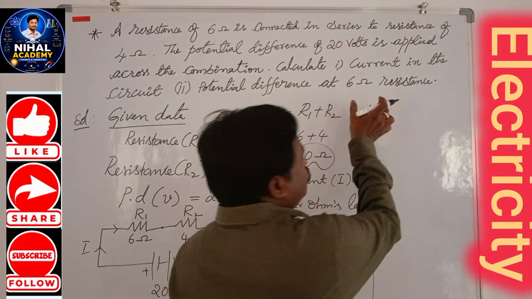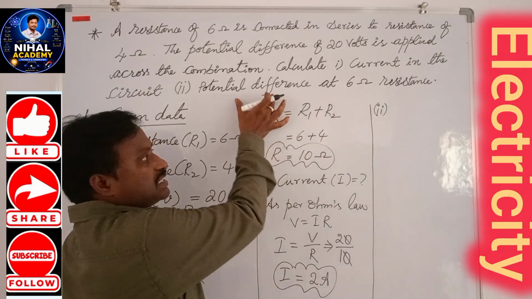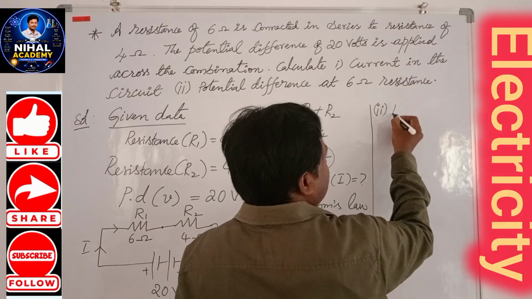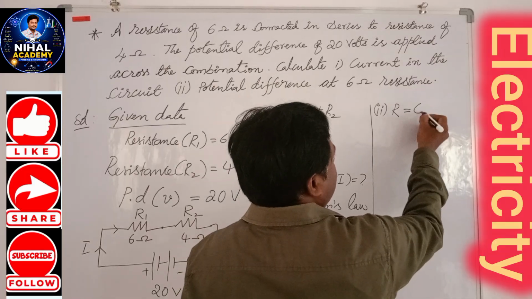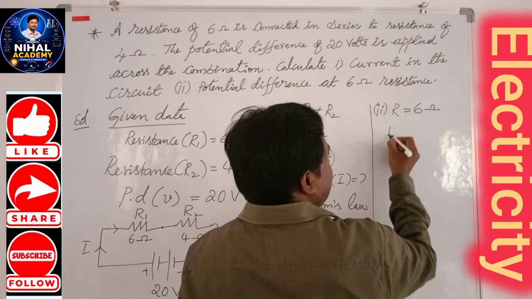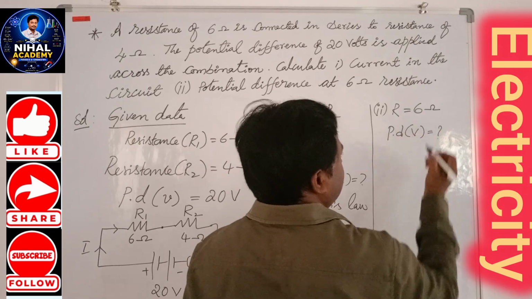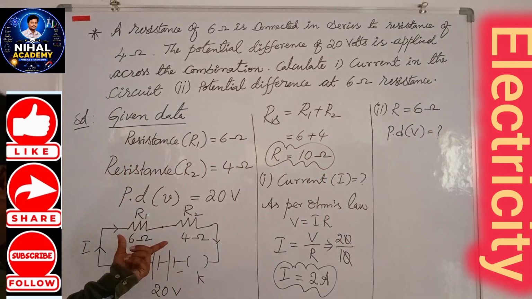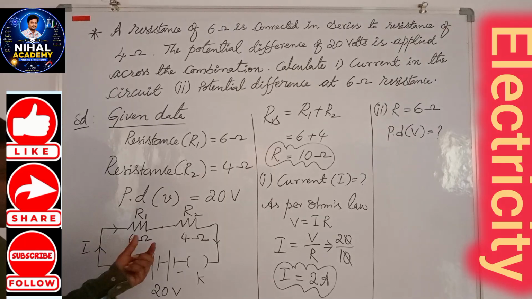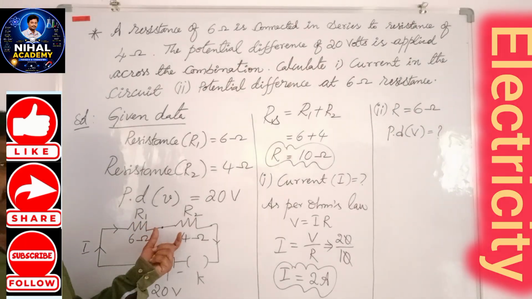So in the second question, we have to calculate the potential difference at 6 ohm. So here the resistance R is equal to 6 ohm and the potential difference V we have to calculate. Now look at the diagram. Here R1, R2 are connected in series.